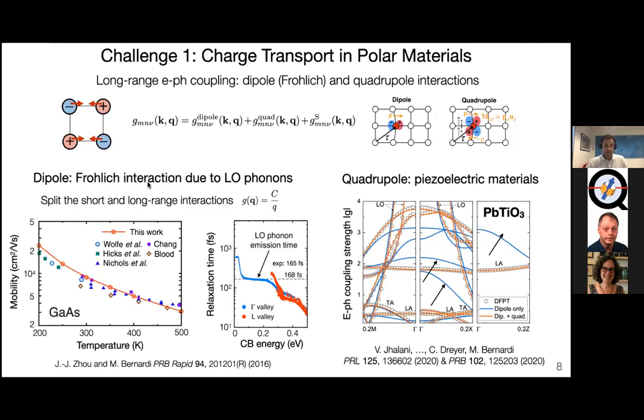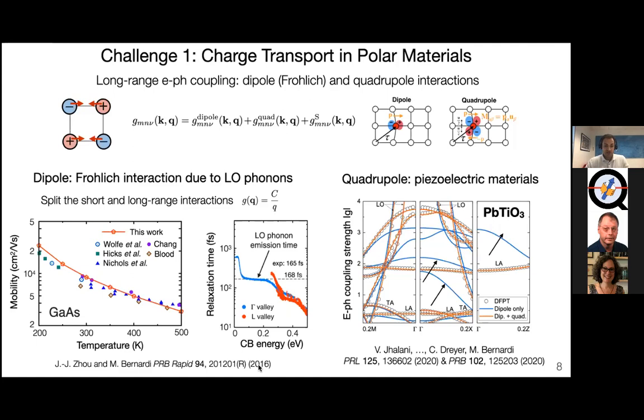Now, the dipole is the well-known Fröhlich coupling with the longitudinal optical, or LO phonons. And the challenge to include it in the transport calculation is due to its divergence as 1/phonon wave vector, which essentially forces us to use extremely fine grids.